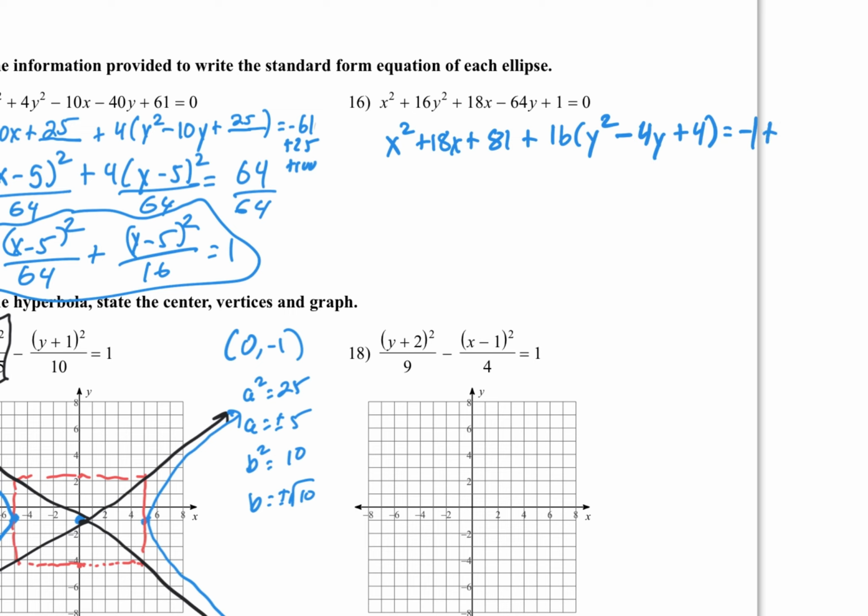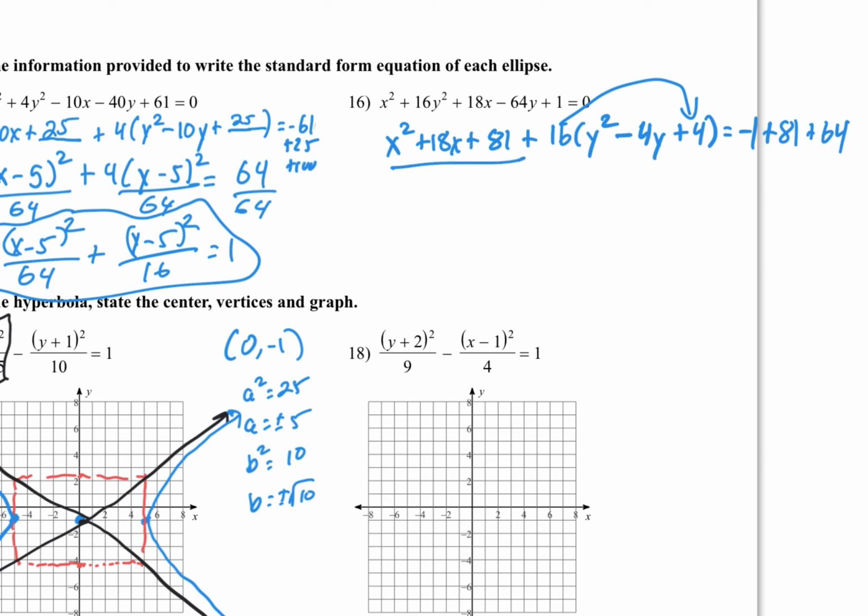I've got to add 81. That's the easy one. What else do I have to add? I have to add 64, because 16 times 4 is 64.